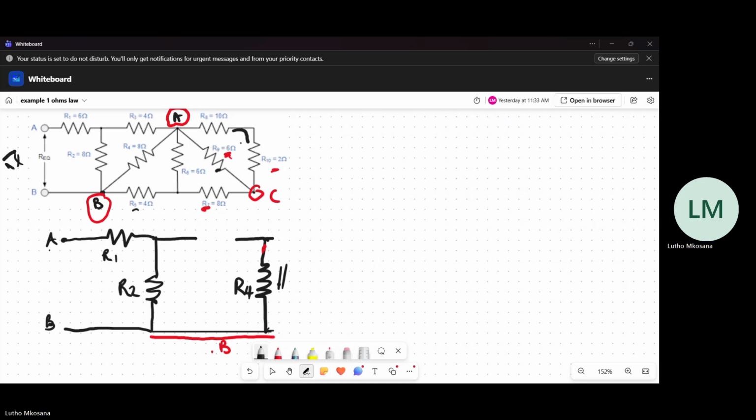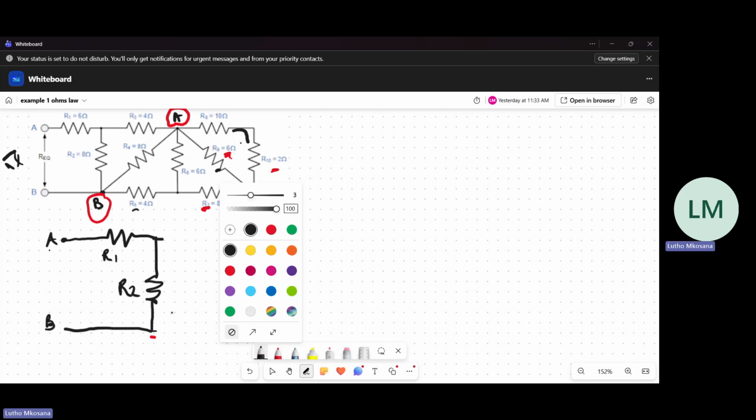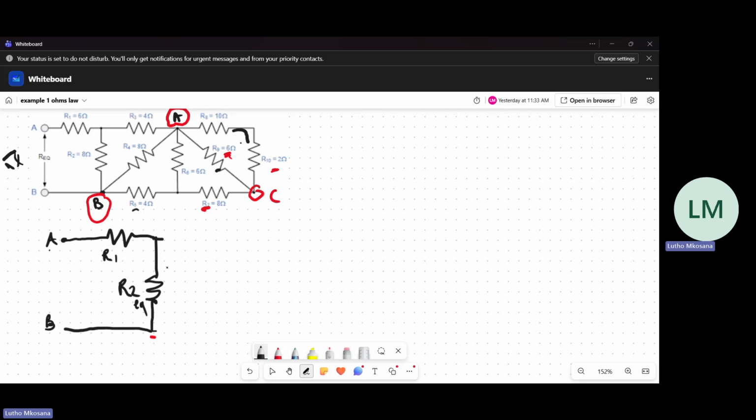If you look at it, this and this, they are in parallel. And once we calculate the parallel combination, we will thus be left with this circuit. And then I will name this R2 equivalent of everything that we had removed there, which is now in series with R1.